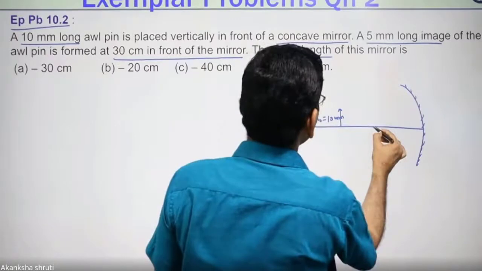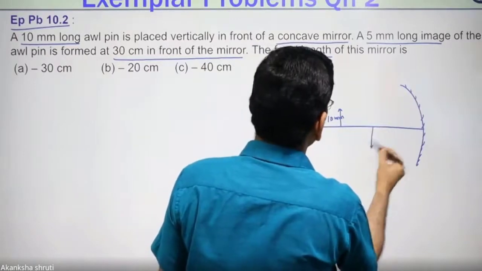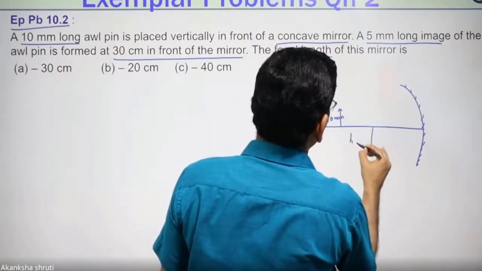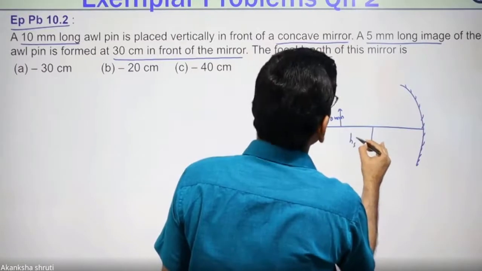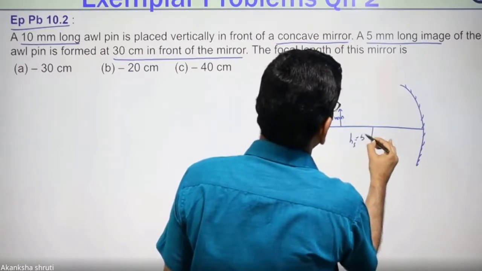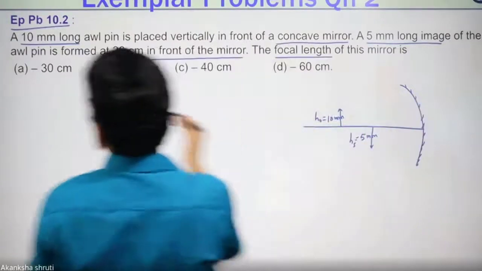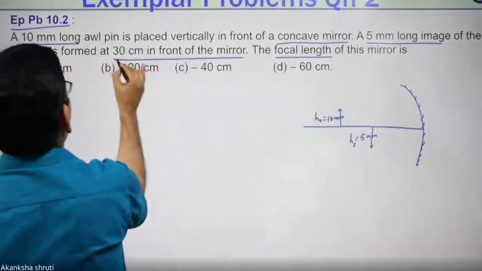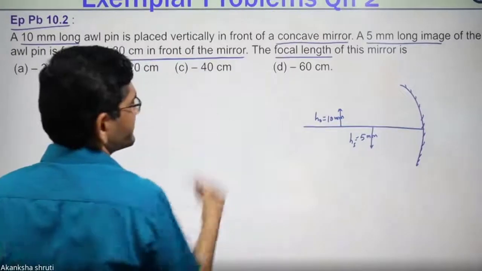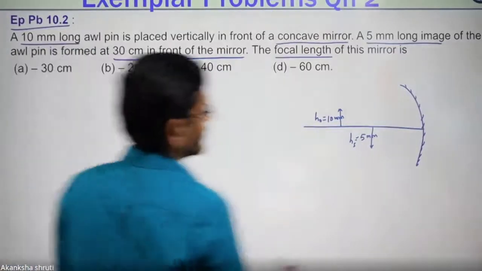So image formed is 5 mm. HI is 5 mm, it is given, of the pin, formed at 30 centimeter in front of the mirror.